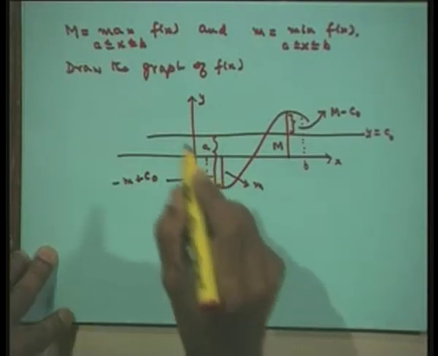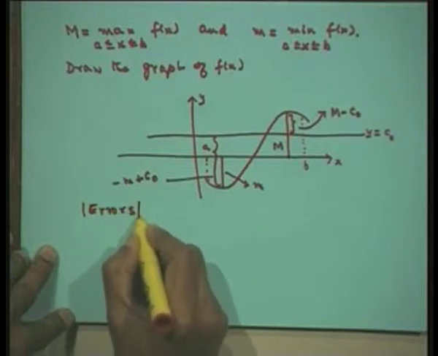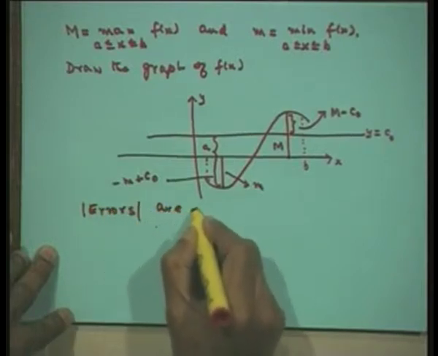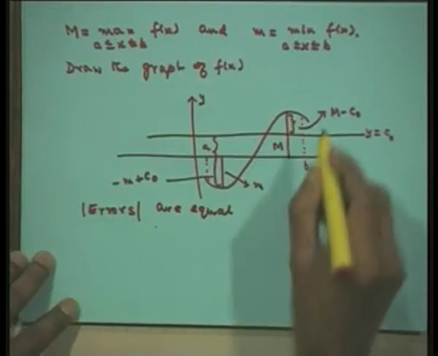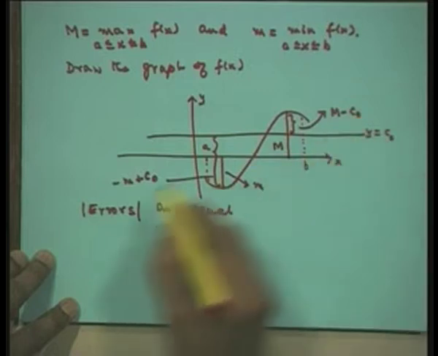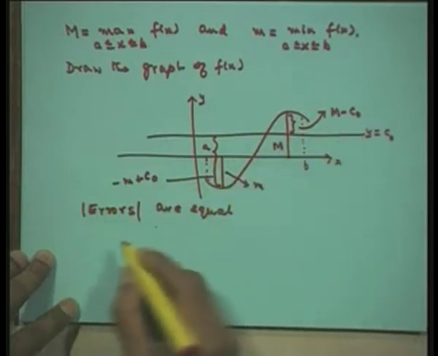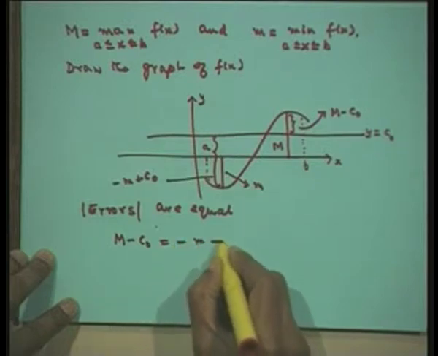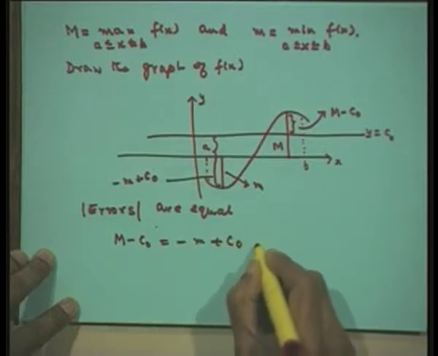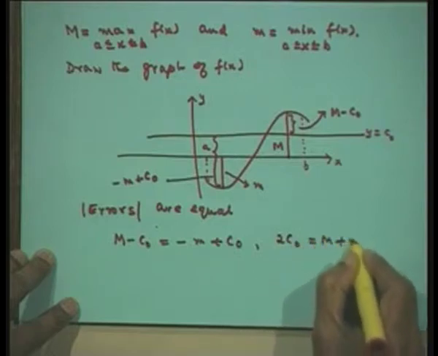Now, we are requiring that errors in magnitude are equal, which would imply that M minus c naught and minus small m plus c naught must be equal. Now, both are positive quantities, so I will not write the magnitude. M minus c naught is equal to minus m plus c naught, or 2 c naught is equal to M plus m.